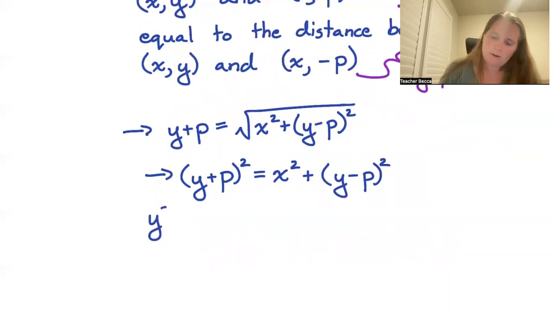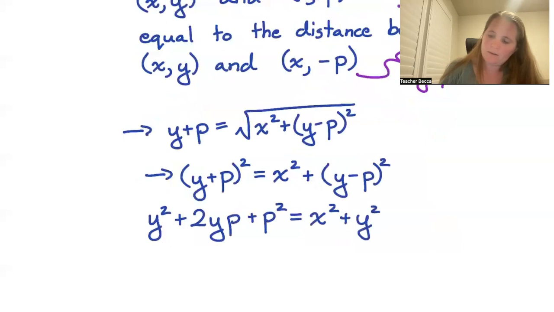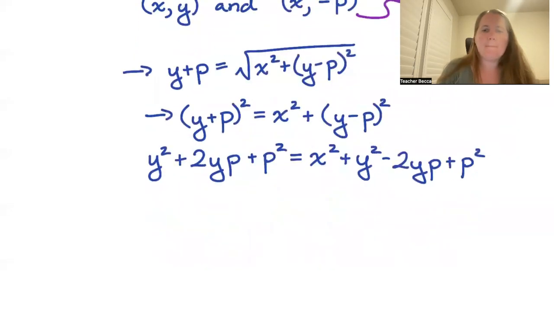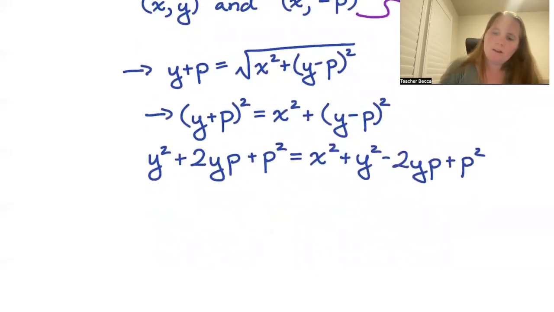This is y squared plus 2yP plus P squared is equal to x squared plus y squared minus 2yP plus P squared. Note that the y squared cancels on both sides. Similarly, the P squared cancels on both sides.